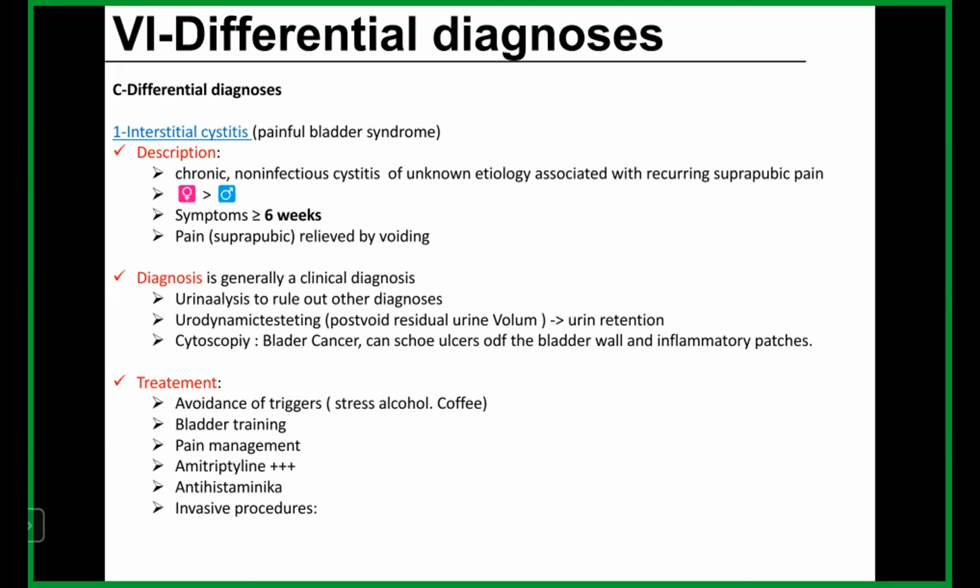Urodynamic testing to see if there is abnormality of anatomical structure, if there is a urine retention, or we can also refer to cystoscopy to see if there is some bladder cancer or ulcer or any other inflammatory cases.